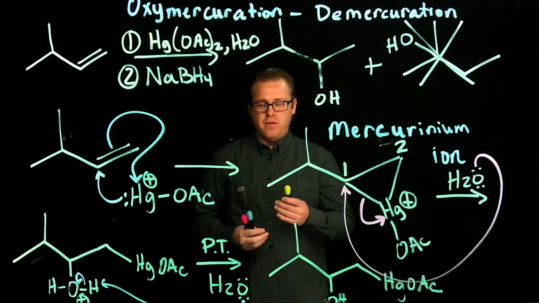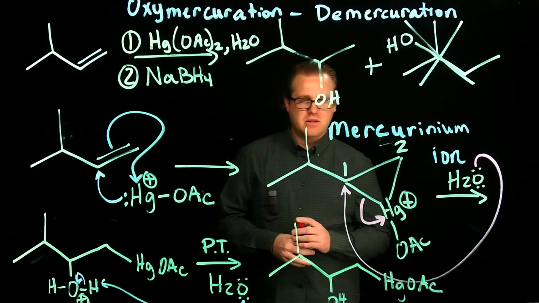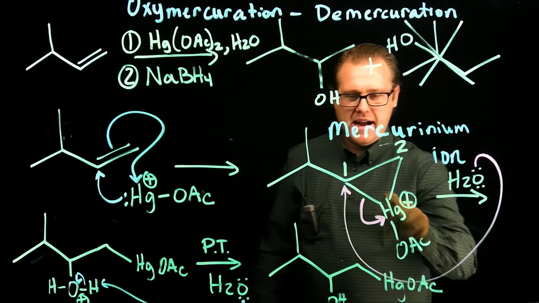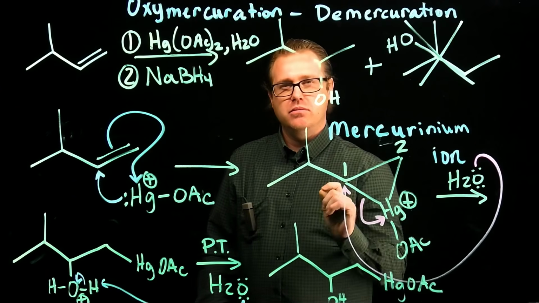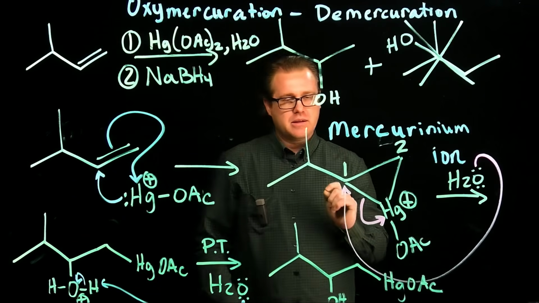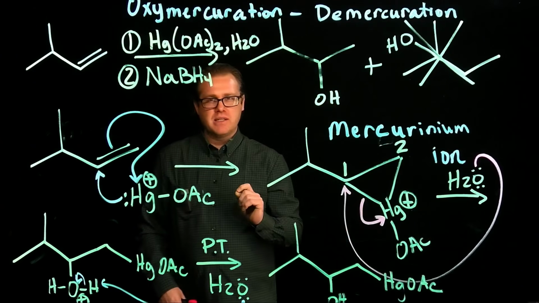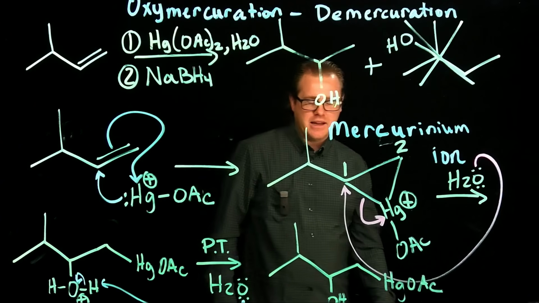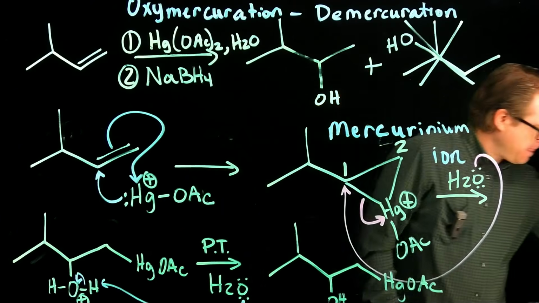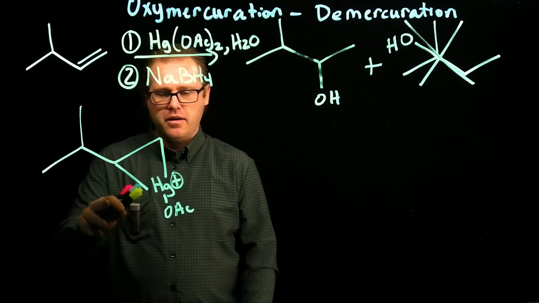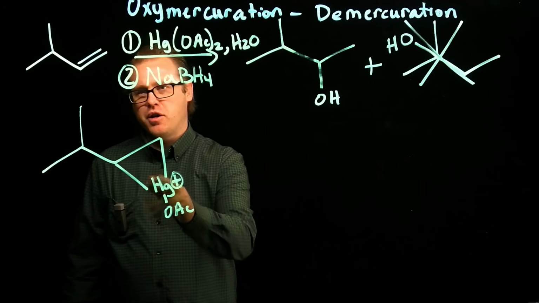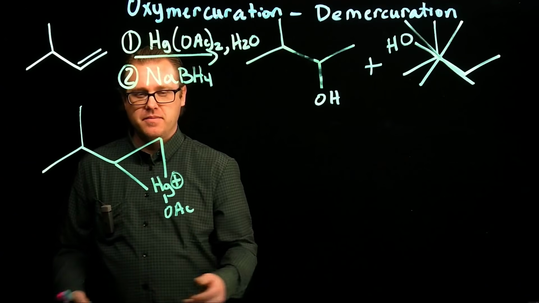Now we need to rationalize and figure out, why did the water attack carbon 1 and not carbon 2? That's what we need to figure out. And so I'm going to pause the video, erase the board so we can talk about that. So the mercury ion here, the way I've drawn it, shows that mercury has 3 bonds.